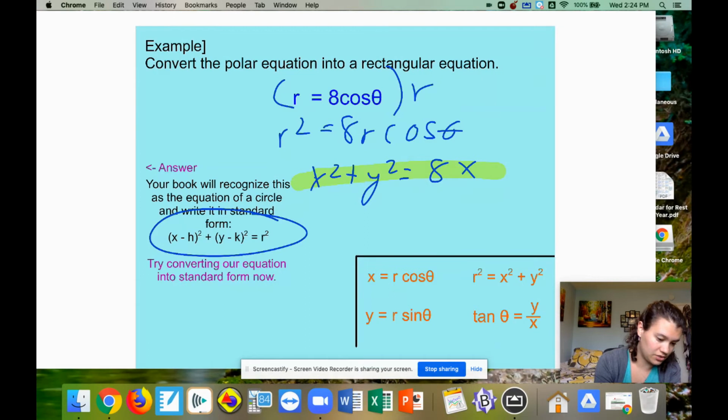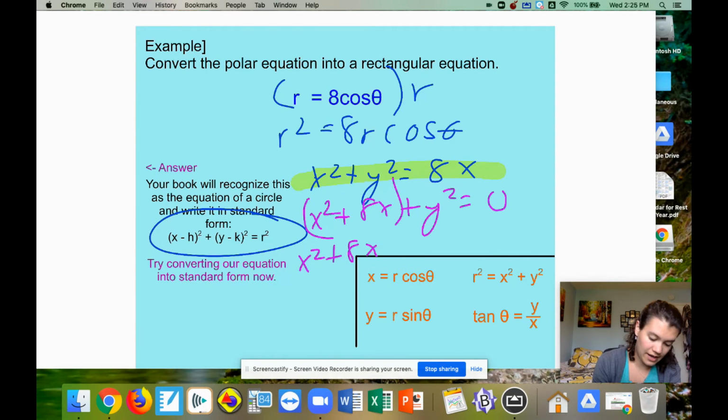the y squared will stay the same. And I'll switch colors for this. We'll have x squared plus 8x plus y squared equals 0. Clump these two together. And then add on your b value here divided by 2 squared. So you want to add on 4 squared. Then you also need to subtract that from the other side, like that.